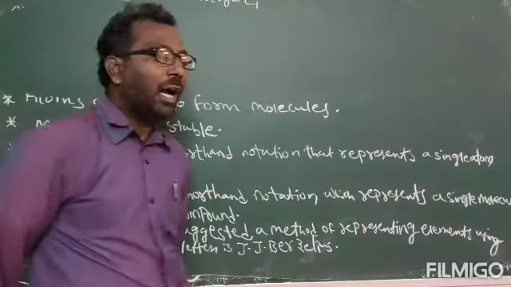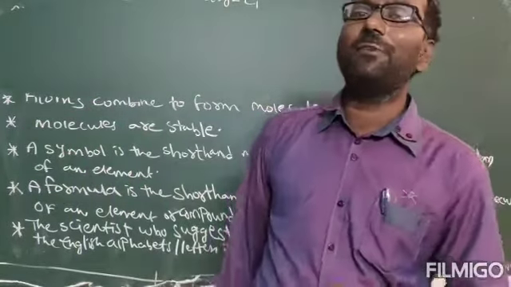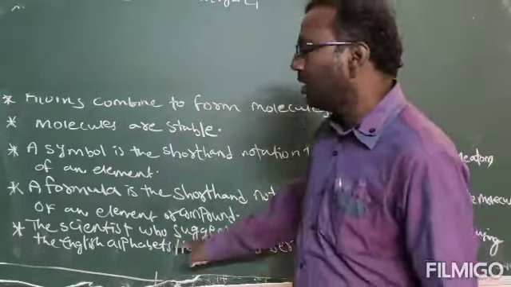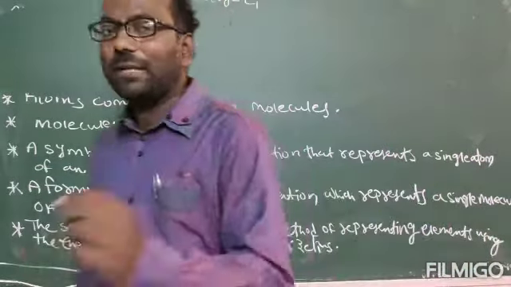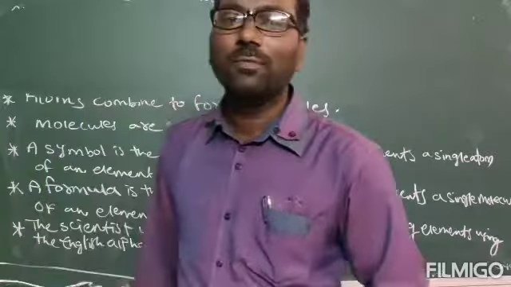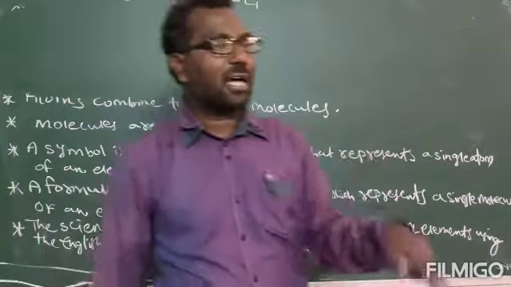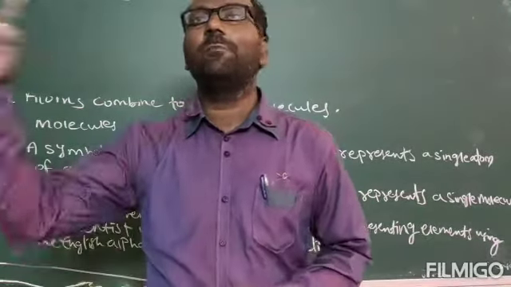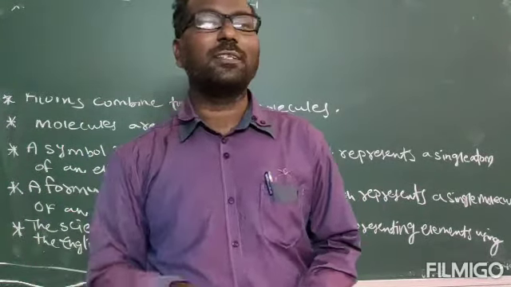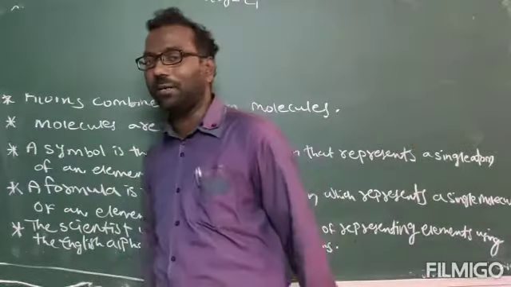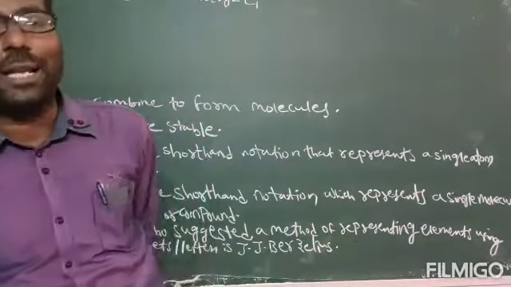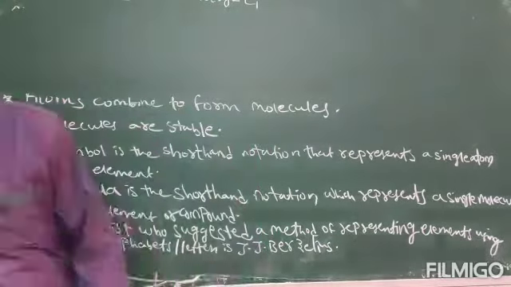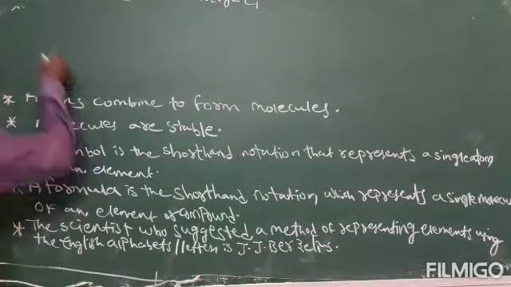In the same way, the hydrogen element is identified with the symbol H. Why that H is given: the first letter of the element is taken. If two elements start with the same letter, then with the help of their pronunciation or Greek letters or Latin names they are taken. And they are represented with two letters. The first letter is always a capital letter and the second letter is always a small letter.